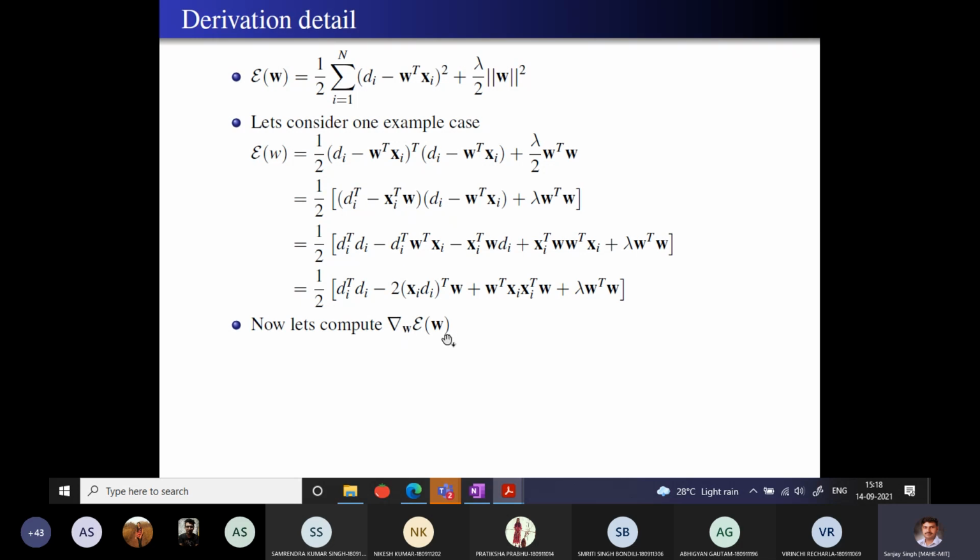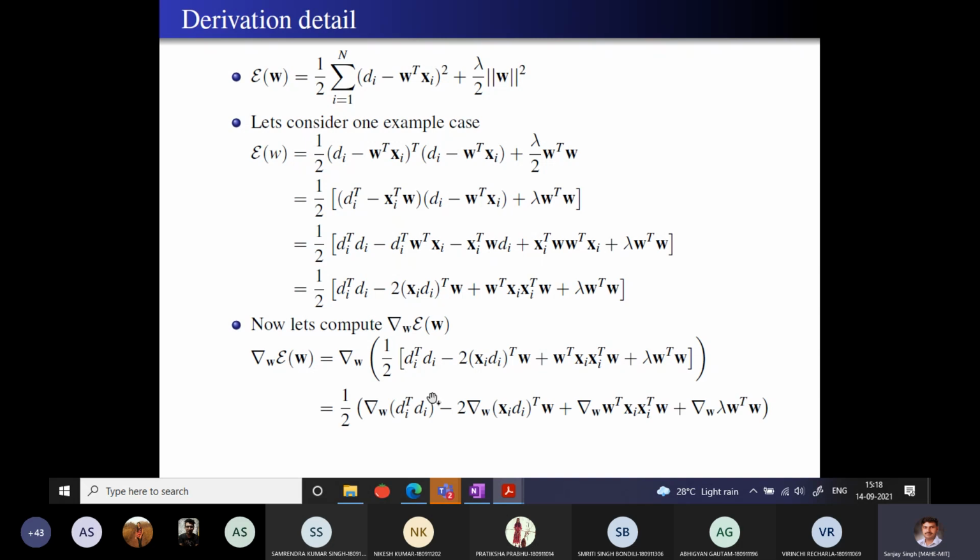Ultimately, in order to find W, we have to differentiate and equate to 0 so that the value of W can be found. So when I do this, we'll apply nabla W over the entire expression. And you know that differentiation is basically a linear operator, so it goes one by one to each term. I can take this nabla inside easily, just like you do dy by dx if you differentiate across the sum of the variables.